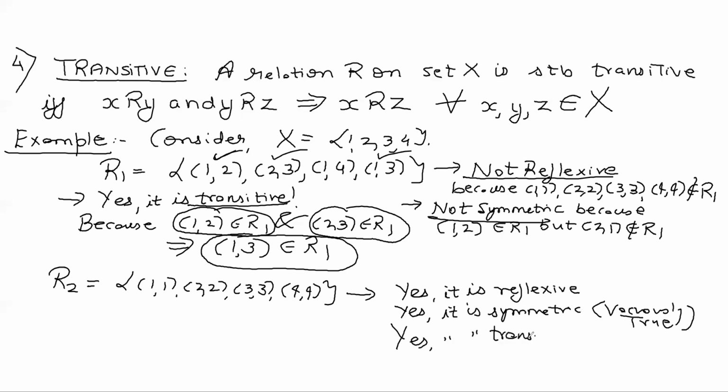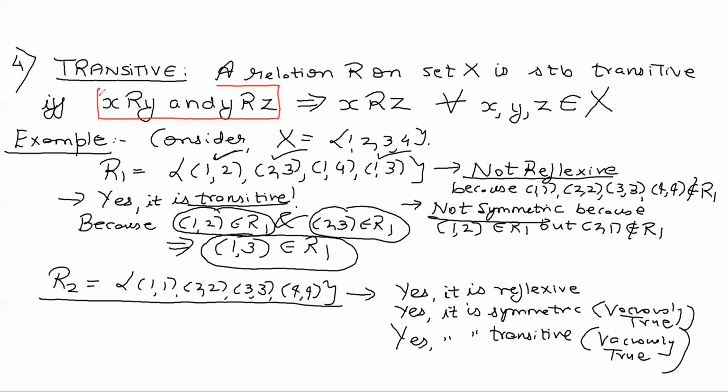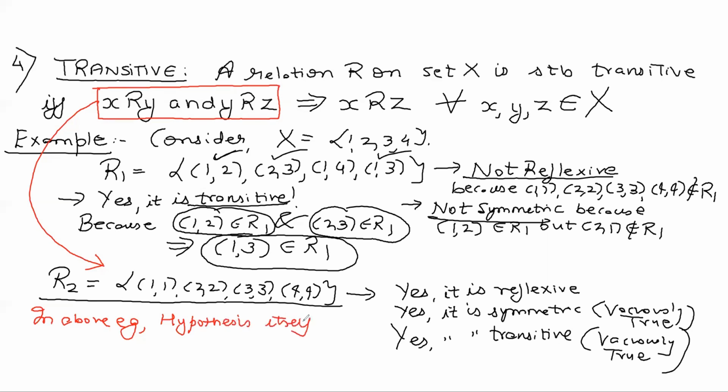It is also transitive, again because of the concept of vacuously true. Because when I define this relation, is the hypothesis true? What is the hypothesis? This is the hypothesis. You will see in this case, the hypothesis itself is not true.